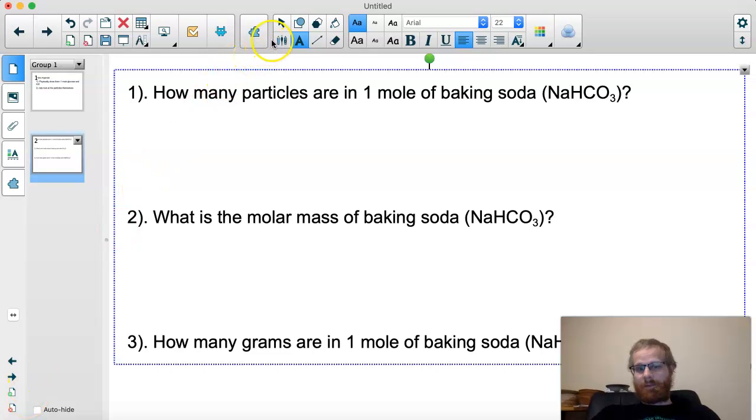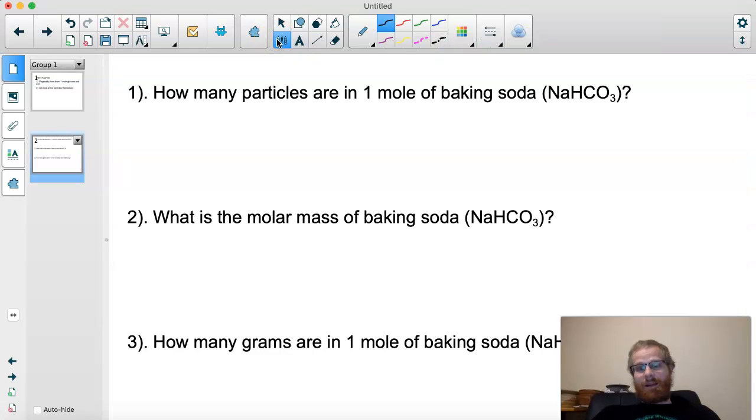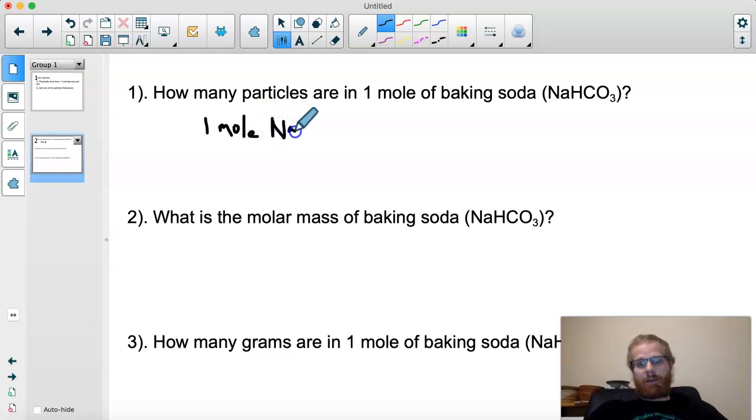All right, let's see if you're right. It's not really too terribly challenging, this one, honestly. All we have to do is take the number that we know, 1 mole of NaHCO3, that's the chemical formula for baking soda, and multiply it by Avogadro's number.